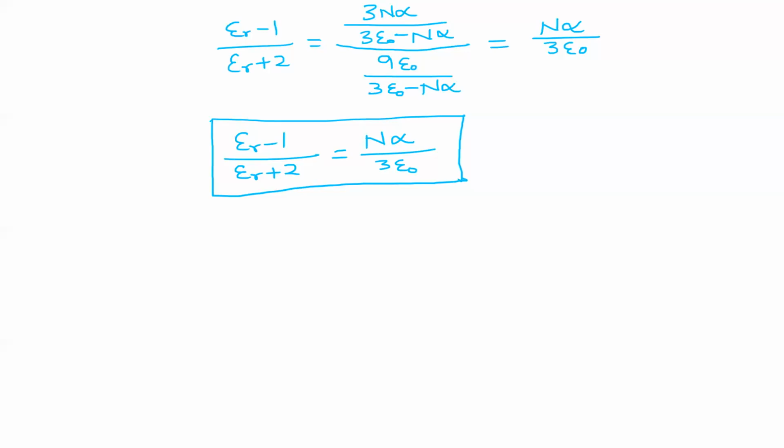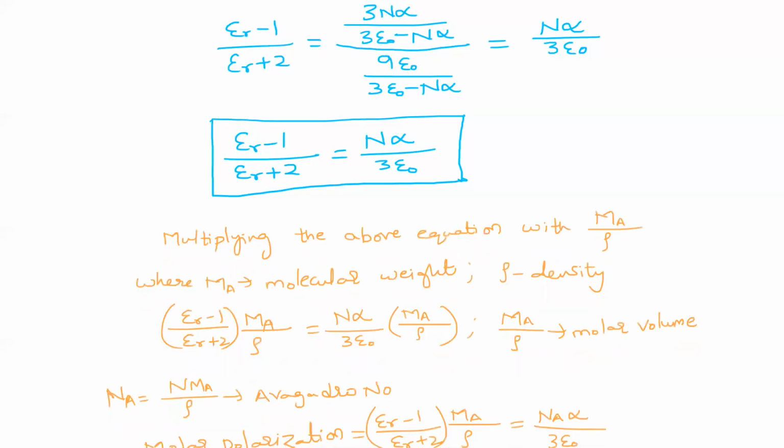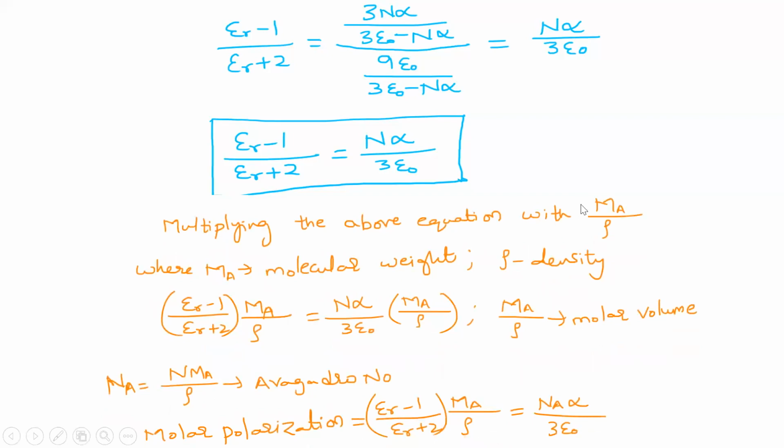Now we can also put this relation in another way, that is, when we multiply by Ma by rho. Here Ma is the molecular weight and rho is the density of the material. So Ma by rho is the molar volume. When we multiply Ma by rho on both sides, then we have N Ma by rho.